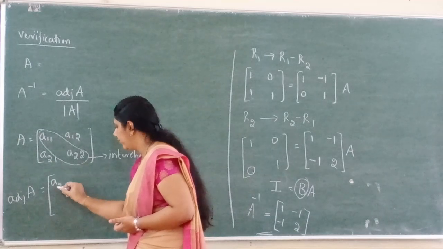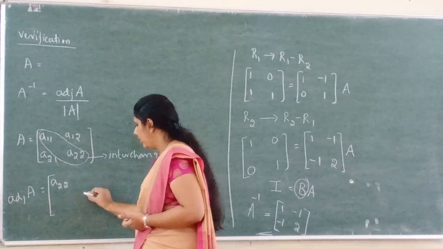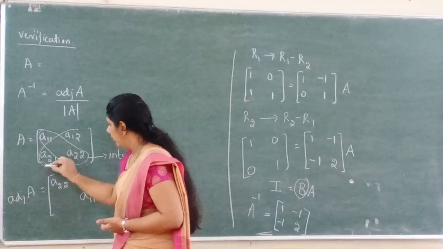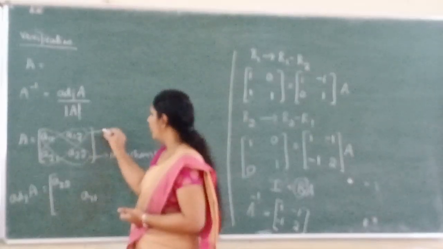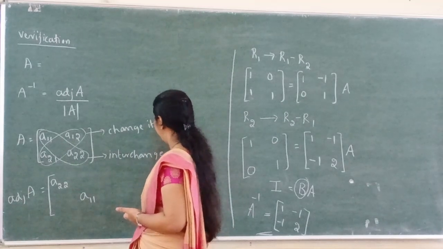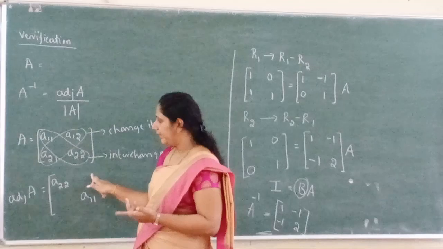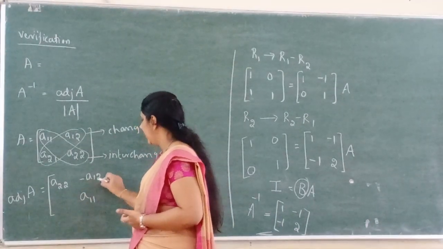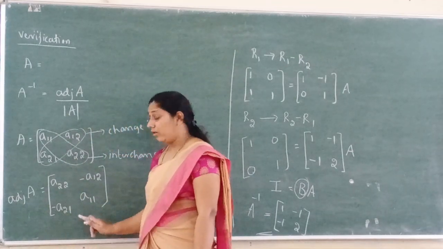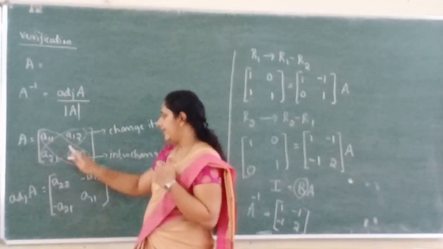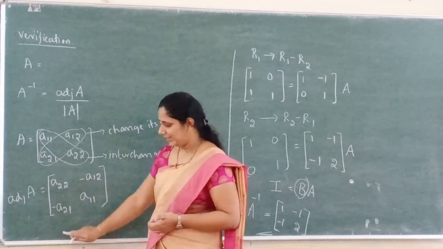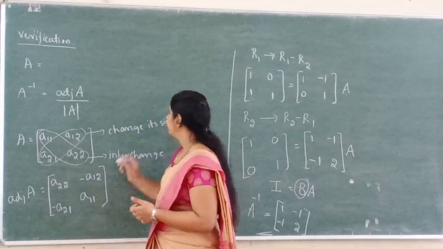So in the place of A11 you have to write A22, and in the place of A22 you have to write A11, and for the remaining non-diagonal elements you have to change the sign. If the element present in A12 is plus, then you have to write minus. So this is minus A12 and it is minus A21. So adjoint A of a 2 cross 2 matrix is obtained by interchanging the diagonal elements and changing the sign of non-diagonal elements. So this is regarding adjoint A.